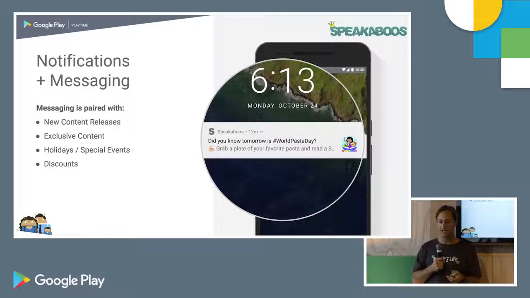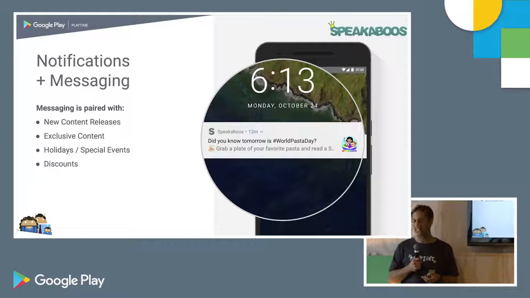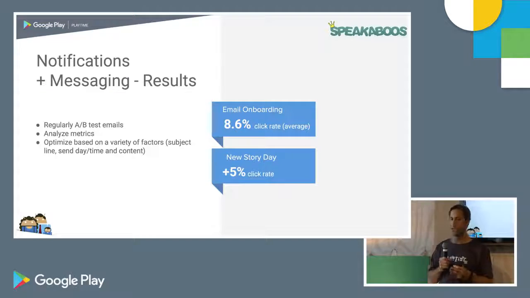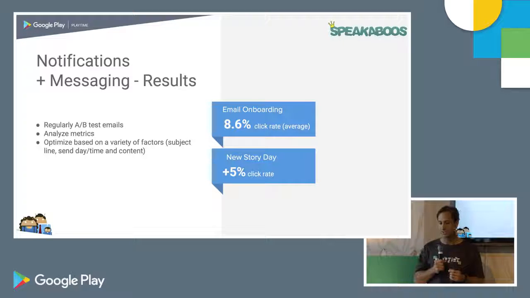They also time it with new content releases, exclusive content, holiday events, and discounts. And they've seen strong results from their push notifications as well as from their messaging. They regularly test A/B results, analyze those metrics, and optimize based on a variety of factors. And this has resulted in a nice uplift.